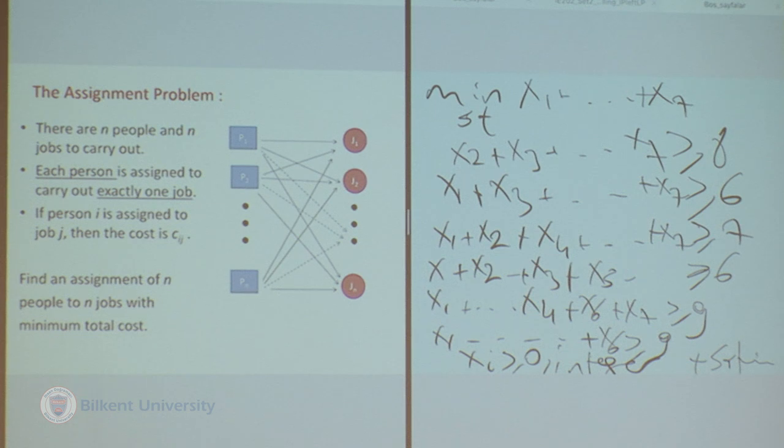Assignment problem. Now, there are certain problems which appear a lot in many different domains that they have their own names. Like workforce scheduling, production planning, but this is the assignment problem: people to jobs to carry out, and machines to jobs, anything. So everybody can do one job, each job has to be done.